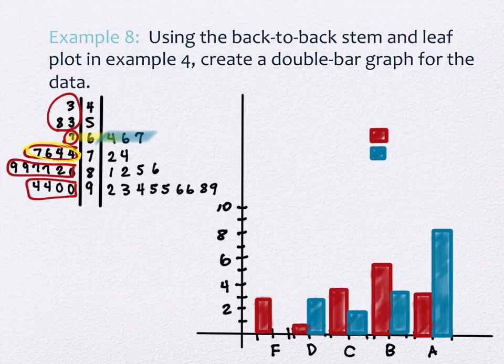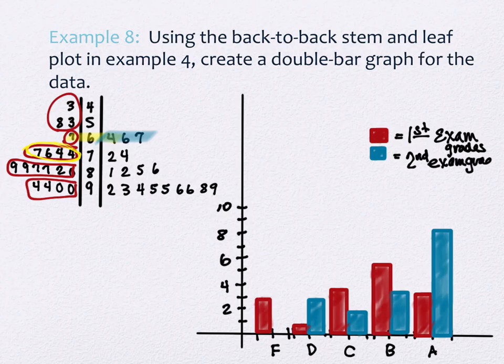So the red grades, what are the red grades? Yeah, this is the first exam grades. And the blue is the second exam grades. So that's why they either need to be colored in or cross-hatched in some way that you can distinguish them when you're making this key.